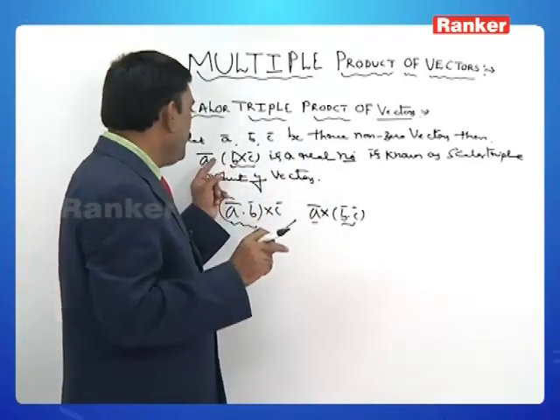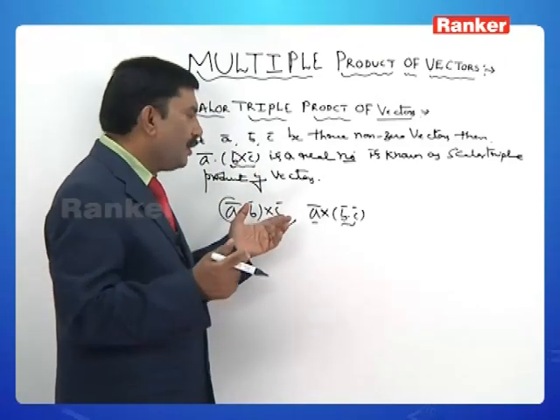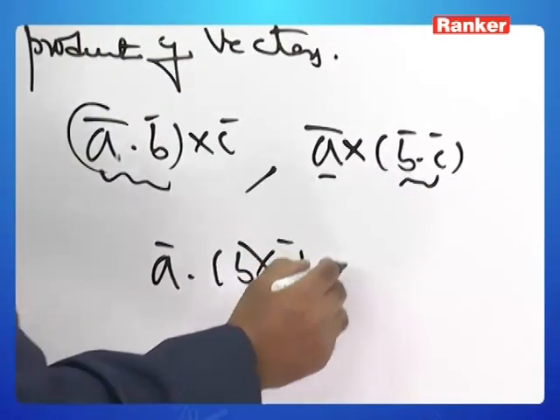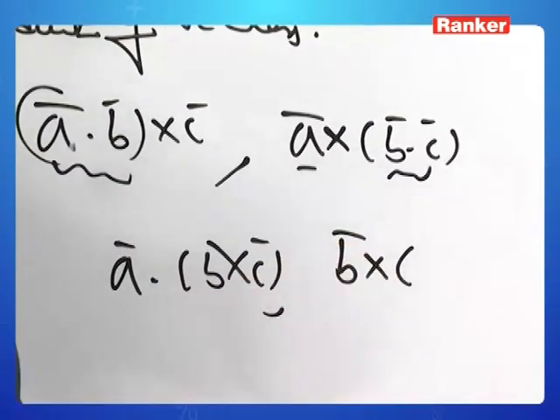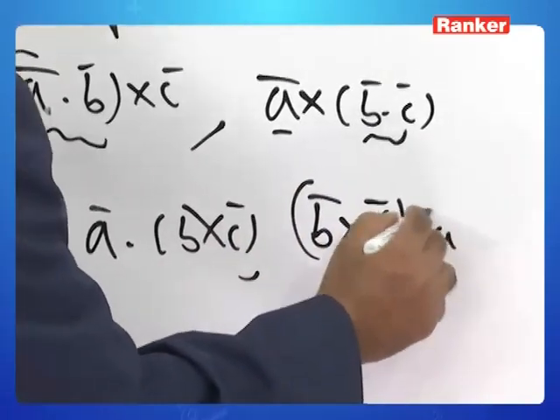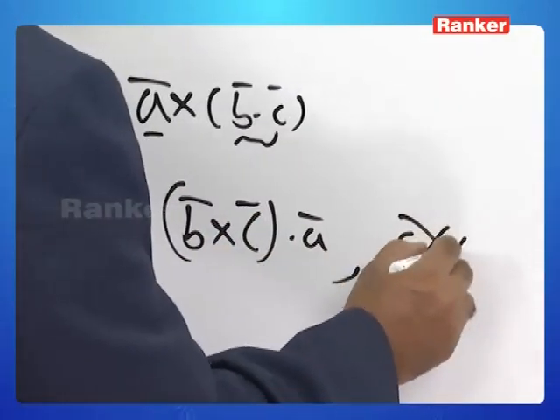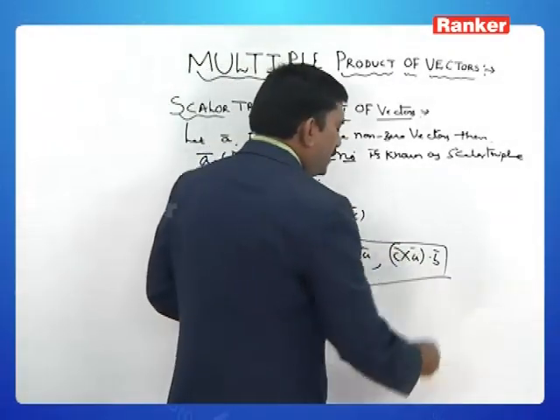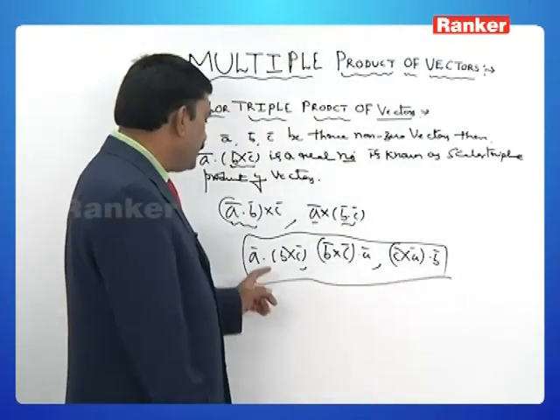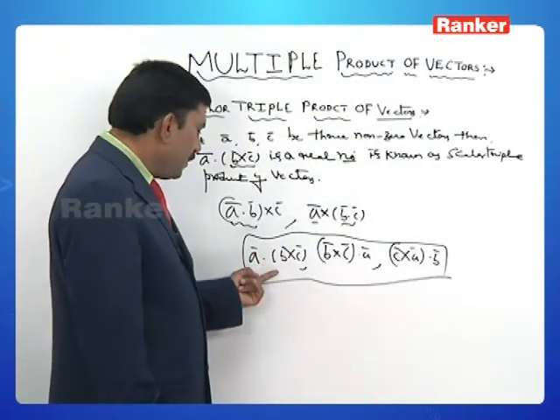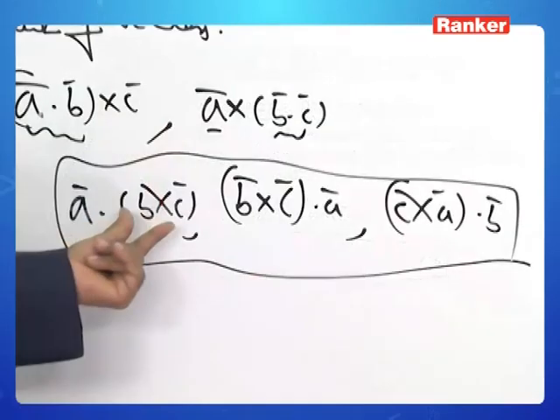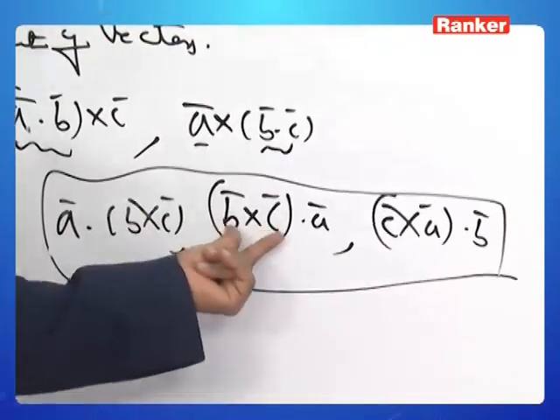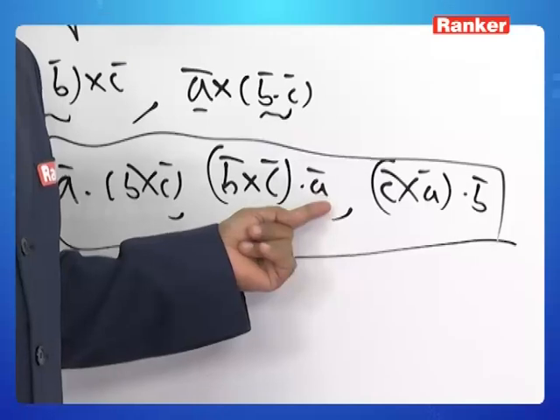But A dot of B cross C, or B bar cross C bar dot A bar, or C bar cross A bar dot B bar are also known as scalar triple product. There is a big difference between these products. Here, this is a vector, and with this vector the dot product is taken with A bar.